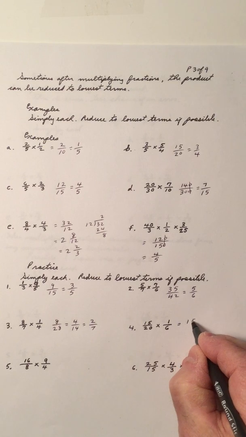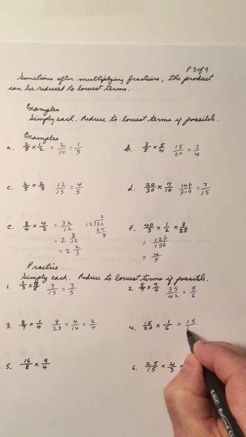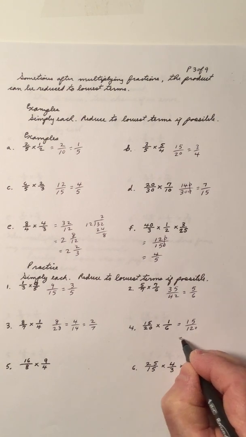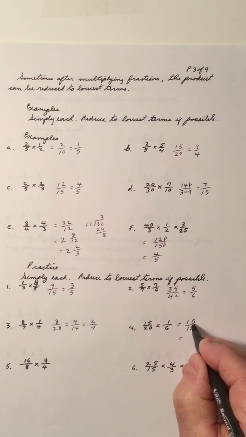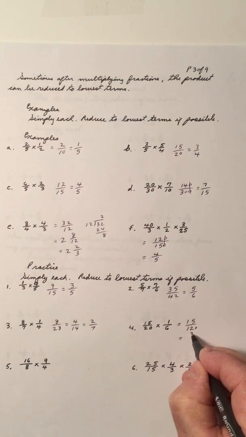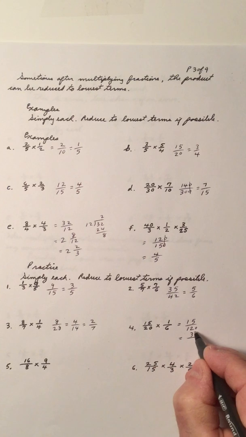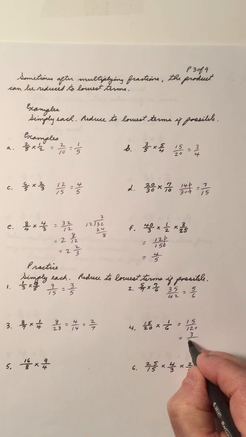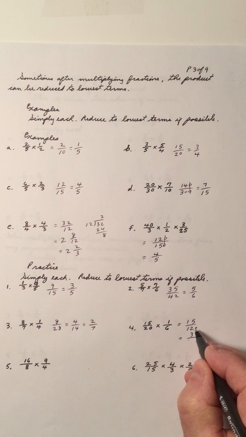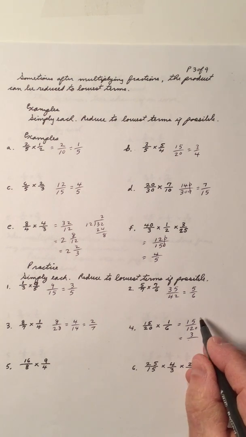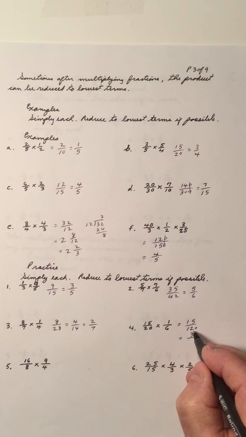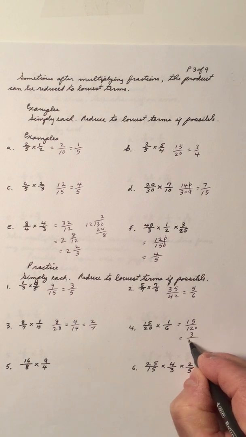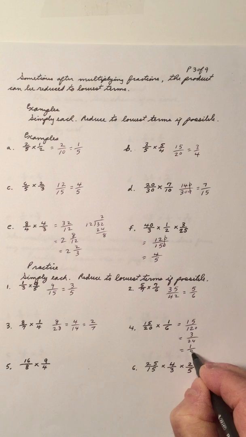15 times 1 is 15. 20 times 6 is 120. I see a factor of 5 in both of these. 5 into 15 goes 3. 5 into 120 is, let's see, 24. 3 goes into that once, 3 goes into that 8.